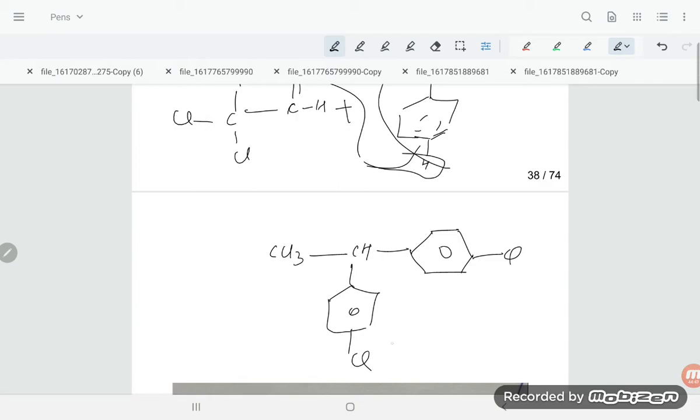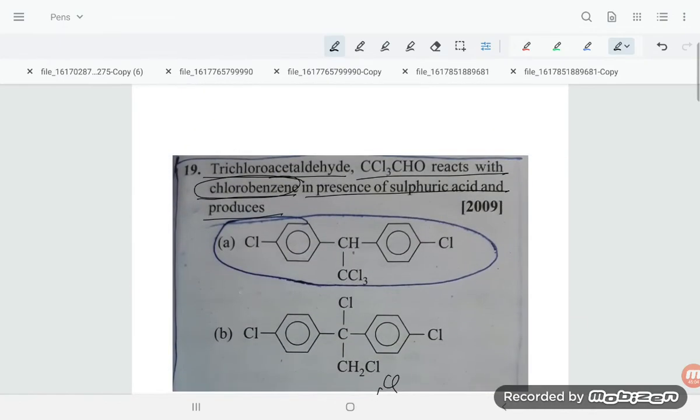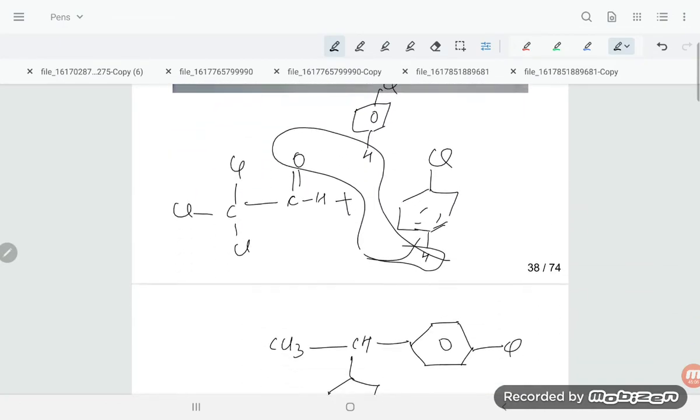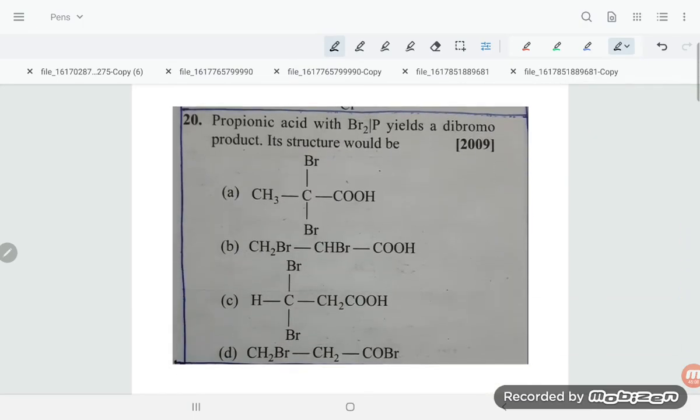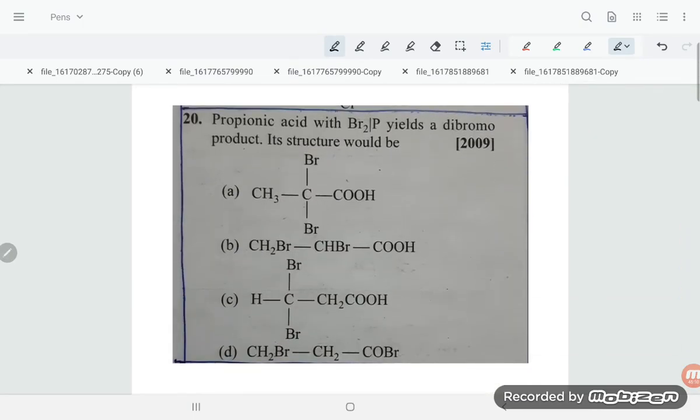So this is what is known as DDT, diphenyl trichloroethane. This is our answer. So the correct option will be option number 1 itself, students. Now move to question number 20.